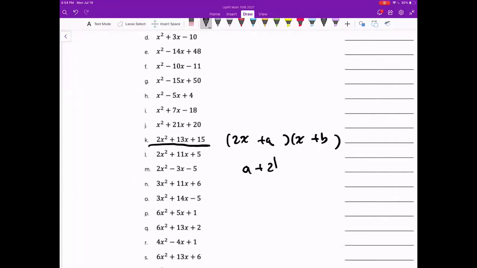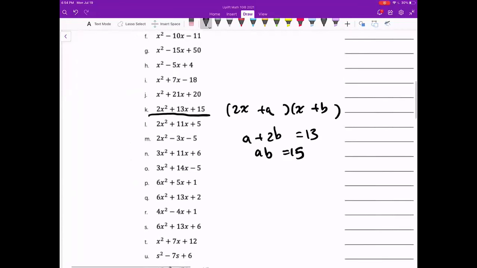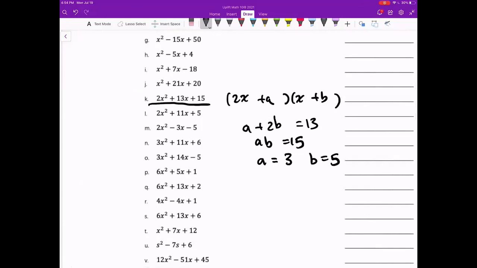A plus 2b is 13, and a times b is 15. A is equal to 3, and b is equal to 5. So when we substitute these in, we get 2x plus 3 and x plus 5.